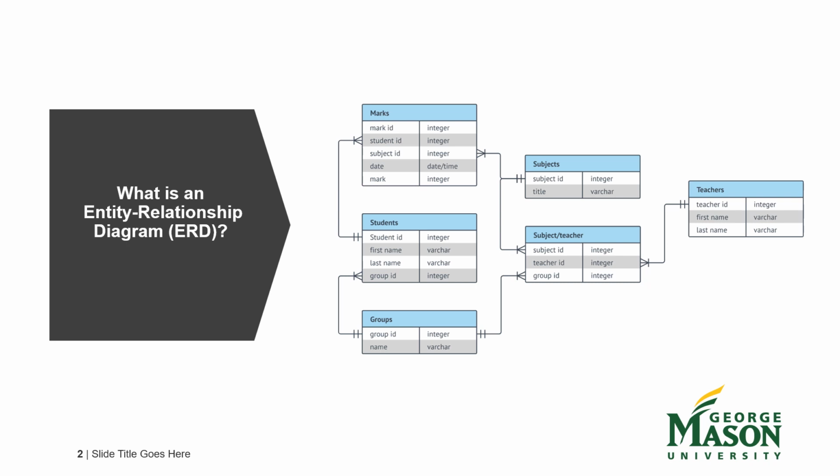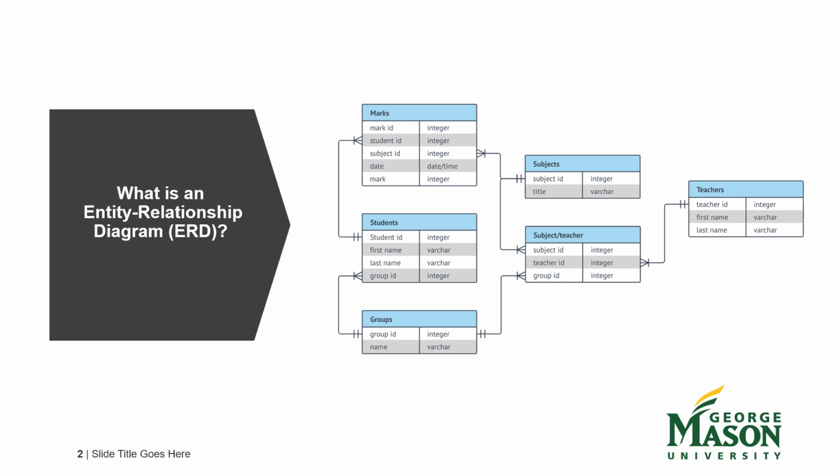What is an entity relationship diagram? An entity relationship diagram is a graphical representation of entities, their attributes, and relationship between them. ERD is a tool used in database design to model the data structure of a system.